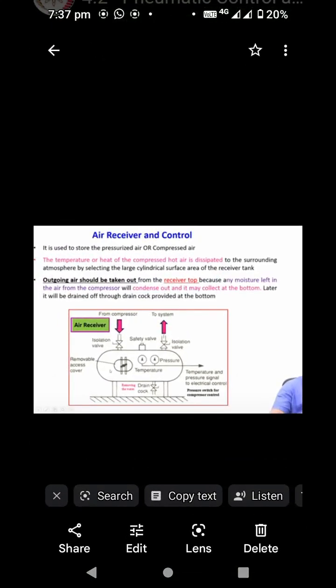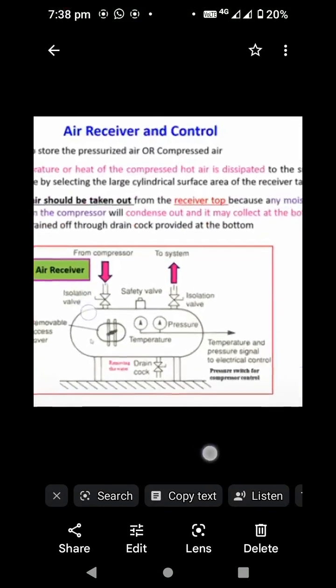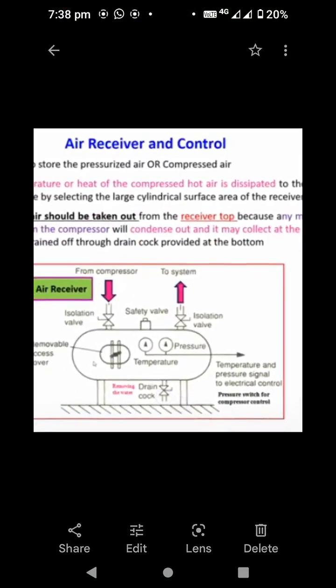See, outgoing air should be taken out from the receiver top. Any moisture left from the compressor and condensed out may collect at the bottom. Later it will drain off through the drain cock, which is provided at the bottom.